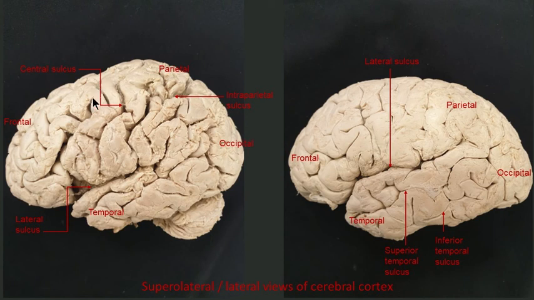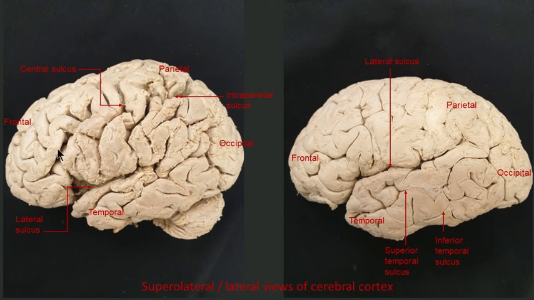There could be some interruptions here and there, but more or less you can see a continuous sulcus anterior to the central sulcus. This would be our precentral sulcus. Don't be bothered by these interruptions by the gyri in between.